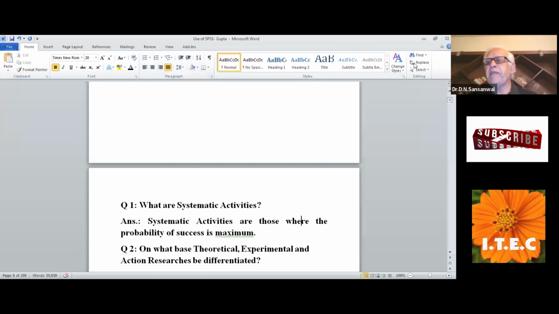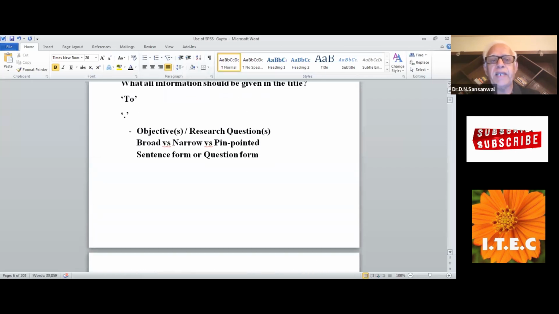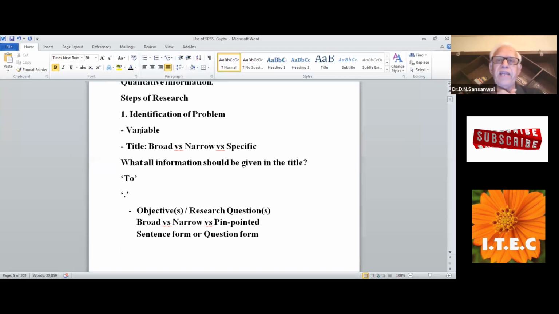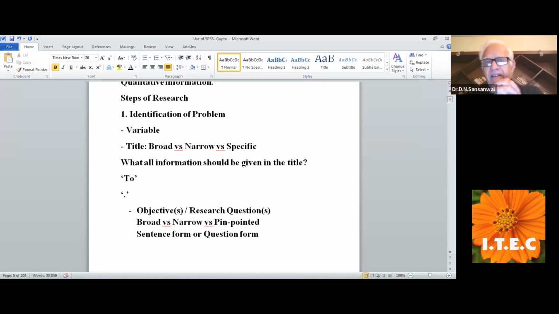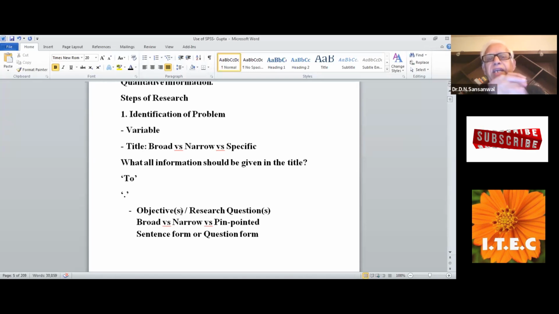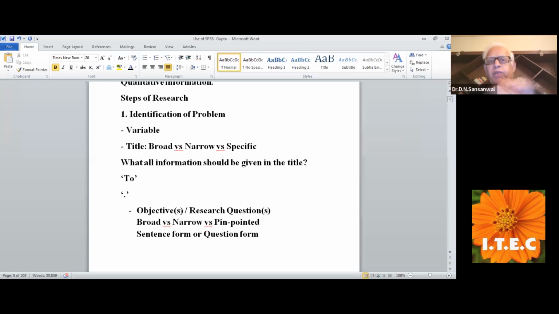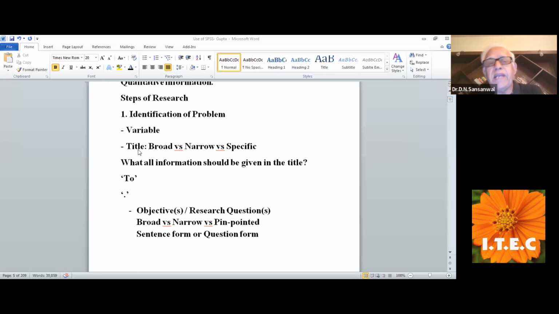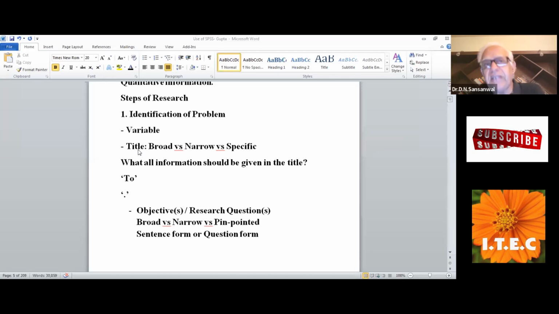I have explained to you. Now, can you tell me the sequence in which the variable, title, and objective come? One participant has given the answer and that is a correct answer. Would any other participant like to tell me the answer? Please see, when I write the title, I have to mention the name of the variable in the title.